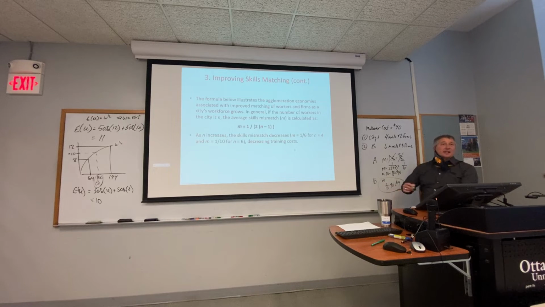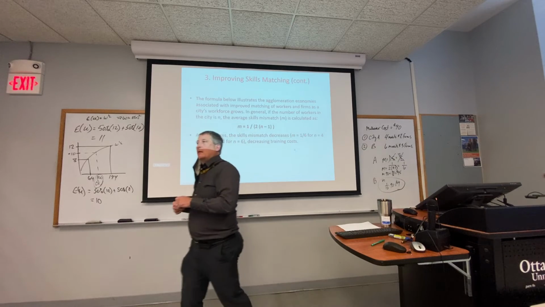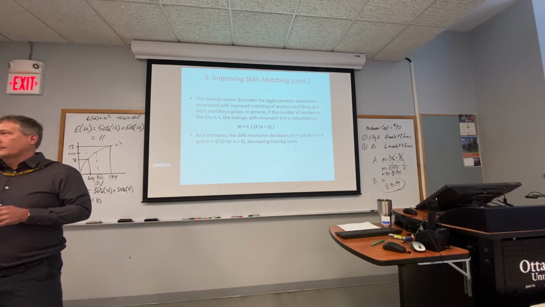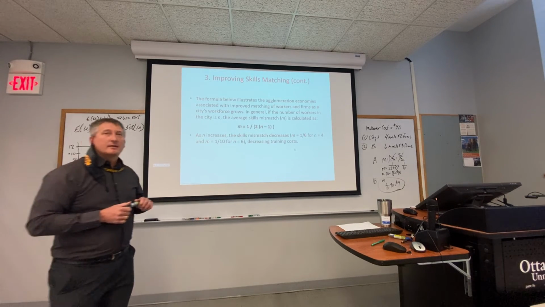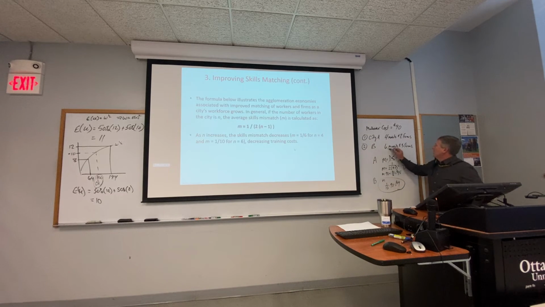So the bigger city gives you lower makeup cost. What was the bigger city one? The bigger city was B. So it was 6, the population of the city, the N is the number of employees available. So it's the 6 and the 4.